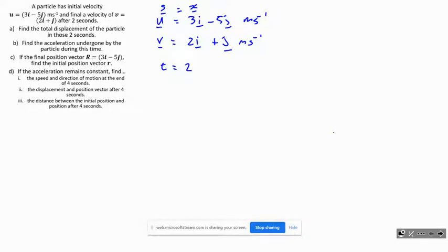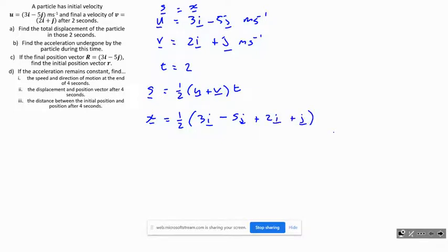So here we can use the SUVAT equation. We've got S, U, V, and T. So S equals a half of (U plus V) times T. So my position vector is going to be a half of (3i - 5j + 2i + j) meters, and this was seconds and meters here.